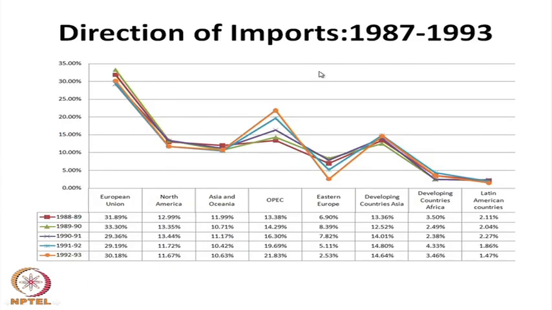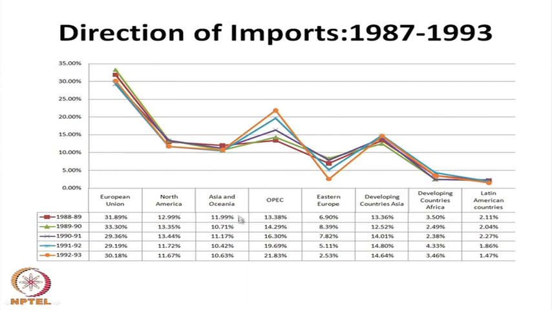And the direction of imports, which are the partners of our import. If you analyze the direction of imports, up to 92-93 the European Union constituted nearly 30% of our import. After that, it was North America and the US side.